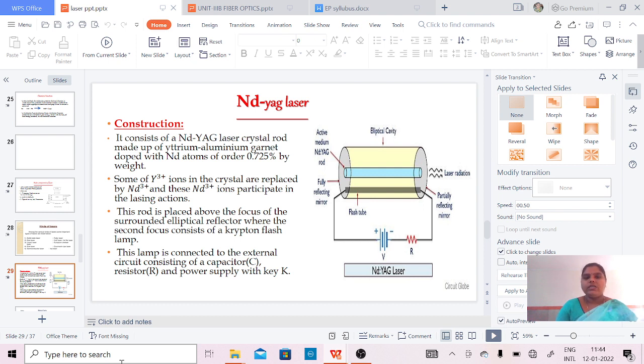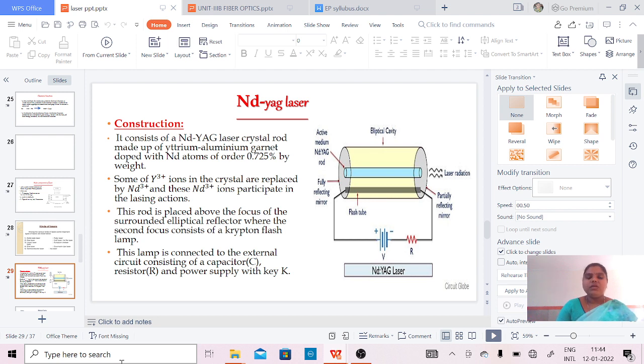So the yttrium aluminum garnet is doped with Nd3+ ions in a concentration of 0.725% by weight. Some of the Y3+ ions in the crystal are replaced by Nd3+ ions, and these Nd3+ ions participate in the lasing action. For this purpose only we are replacing the atoms.